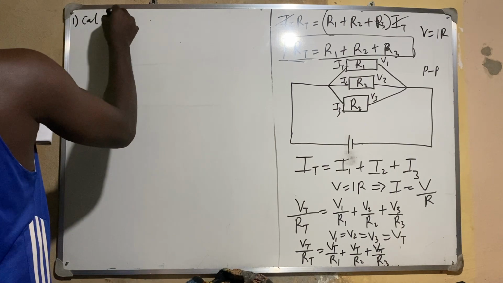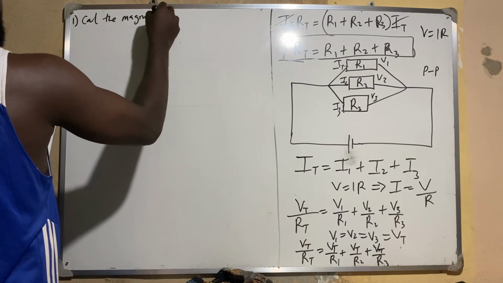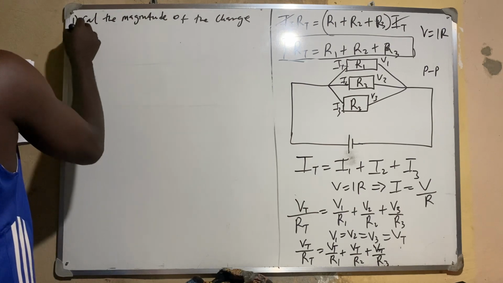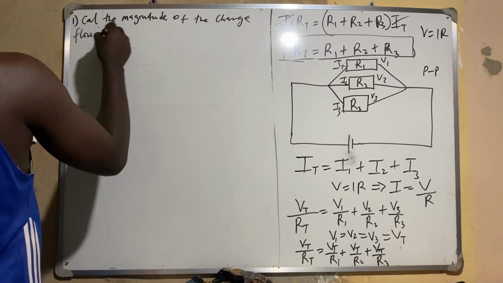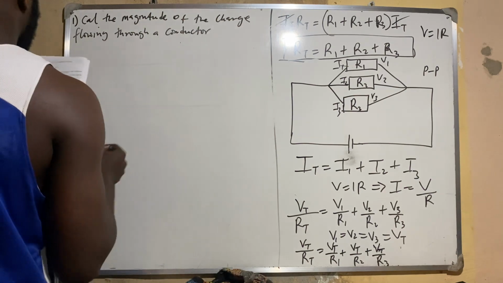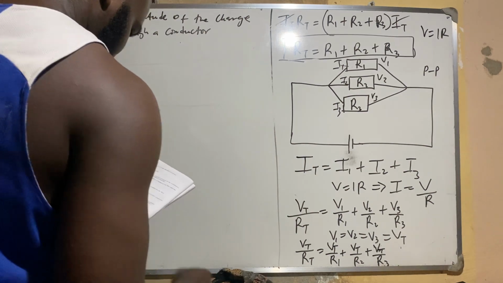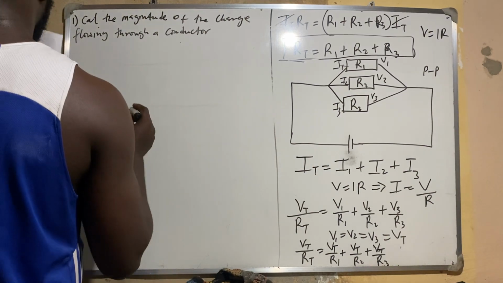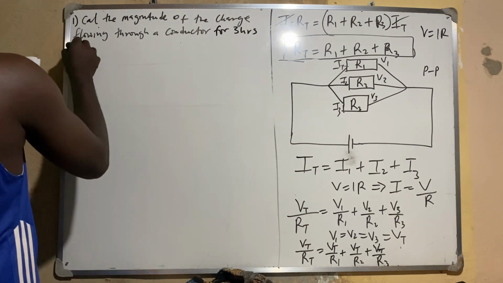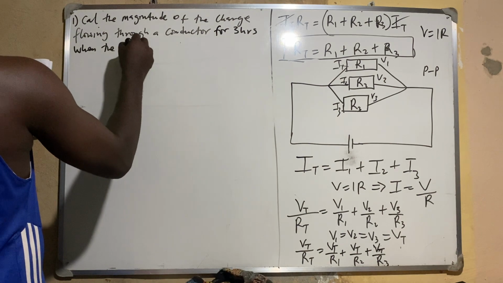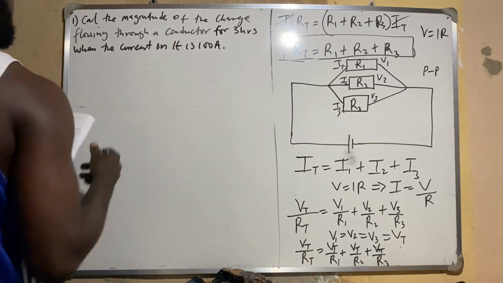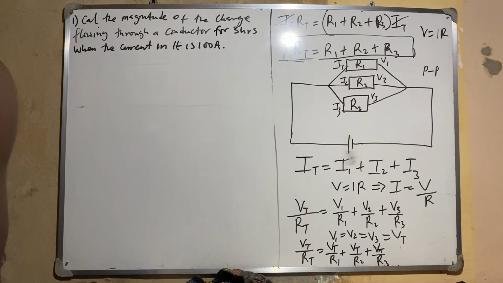They say calculate the magnitude of the charge flowing through a conductor for 3 hours when the current in it is 100 ampere. The current in it is 100 ampere, and they ask us to find the charge.